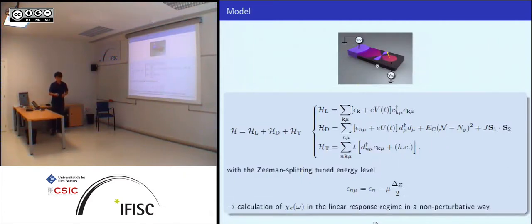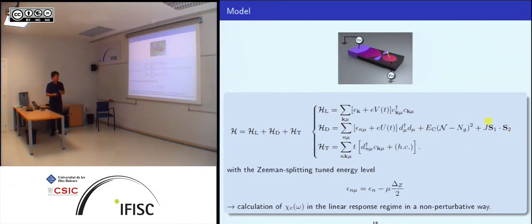So the system we want to study is this quantum system. The quantum dot is coupled to a reservoir, and here we apply the AC voltage. The quantum dot can have many levels, but in the first part of our study, we have only one. We have a single level, and in the second part we introduce two levels.